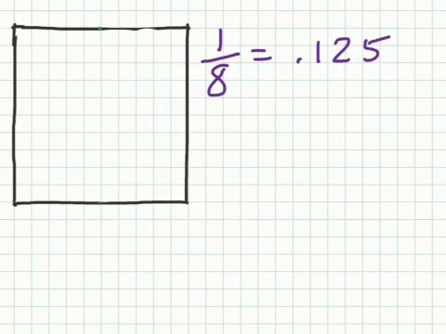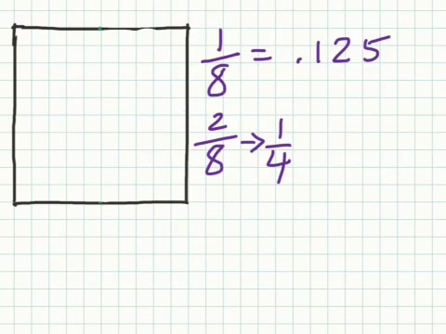Well, these are not really friendly numbers. So if I said, well, what is 6/8? You might be thinking, oh my gosh, I have to add 0.125 plus 0.125 six times? Well, lucky for you, if we look at the numbers, we're going to find some shortcuts together. Let's try 2/8. Could 2/8 be simplified into another fraction that might be helpful? Yeah. 1/4.